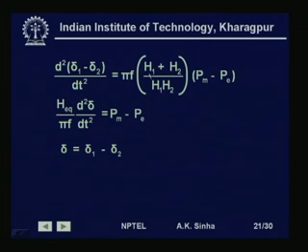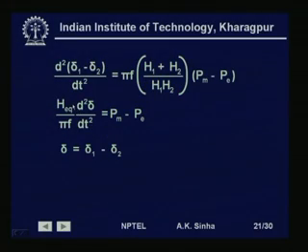If we take this term on this side as H equivalent, we can write (H equivalent/πf) d²δ/dt² equal to Pm − PE, in the same form as the equation we had for a single machine connected to an infinite bus, except that in this case we write H equivalent, and the angle δ is δ1 − δ2.